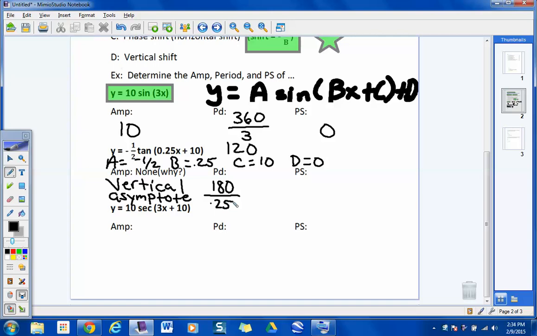Well, what is 180 divided by 0.25? You get 720 when you do that? Is that what you end up with? Okay. So the new period, or how often this graph is going to repeat itself, is going to be every 720 degrees. Okay? And I'll graph this here in a second just to confirm all of this.